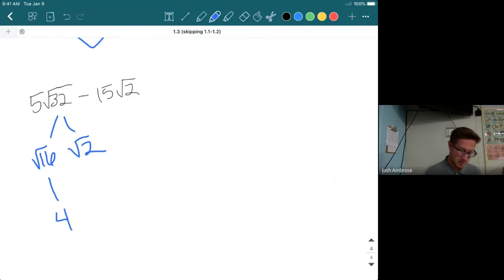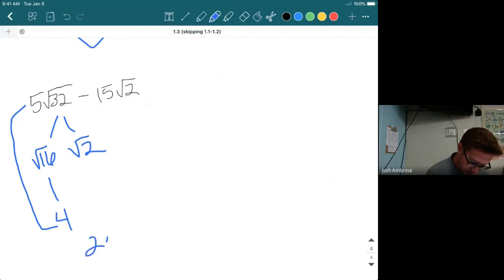Works out perfectly. Now I see that I have 2 whole numbers that are being multiplied together. Now, how do I know they're being multiplied together? Because go back to the original. 5 times square root of 32. It's all being multiplied together. So 5 times 4 is 20. Tag that radical 2 down here.